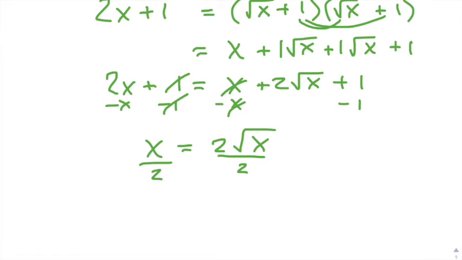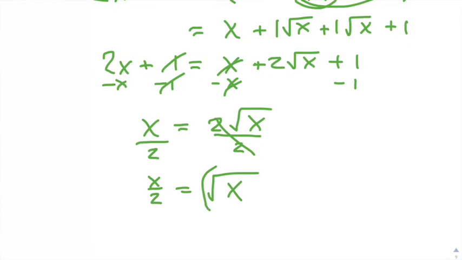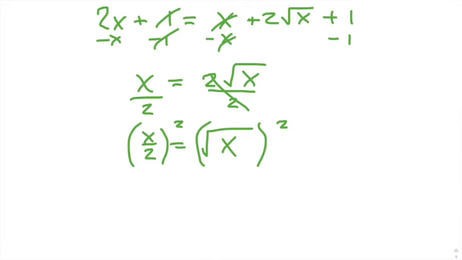So that'll be x over 2 equals the square root of x. And then we are going to square both sides from here. So that'll be x squared over 2 squared, the bottom is going to be 4, equals just regular x.